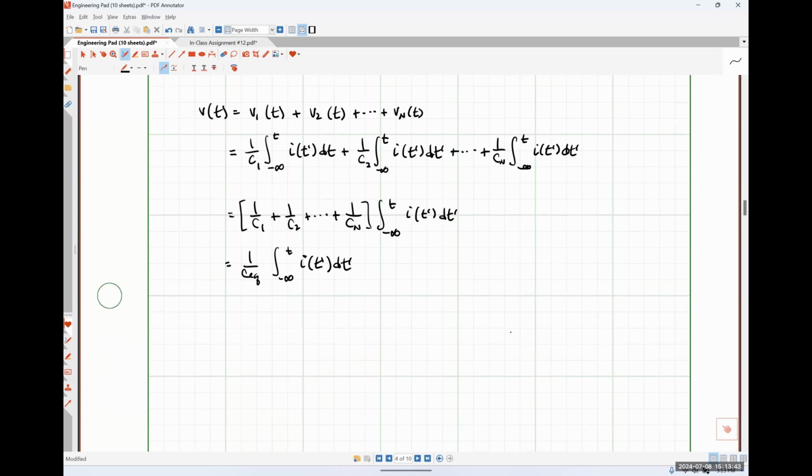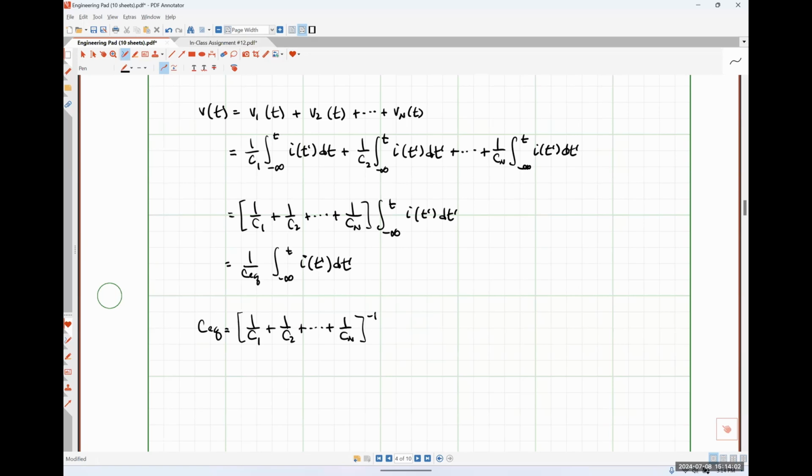So from this, we could say that CEQ is 1 over C1 plus 1 over C2 all the way out to 1 over C sub n, and then we have to take the reciprocal of the whole thing.